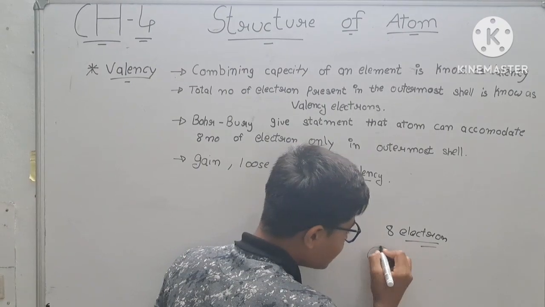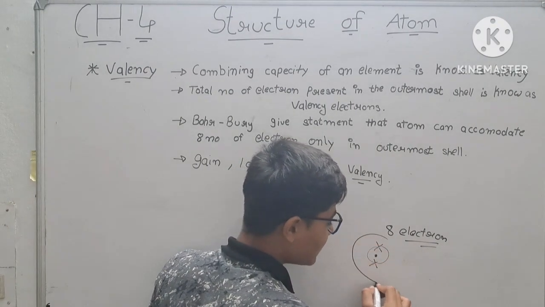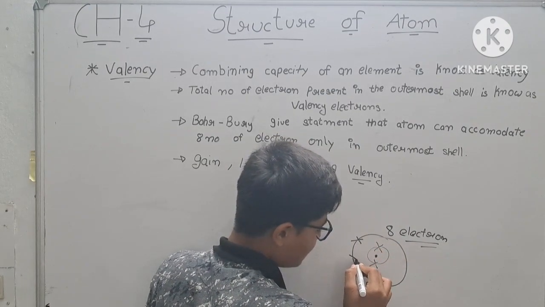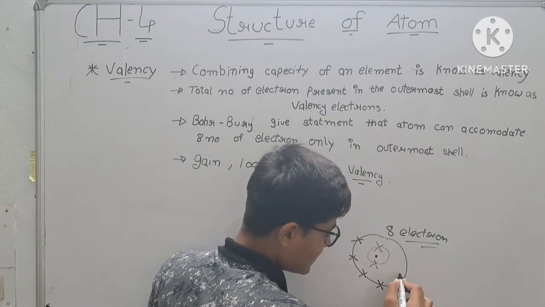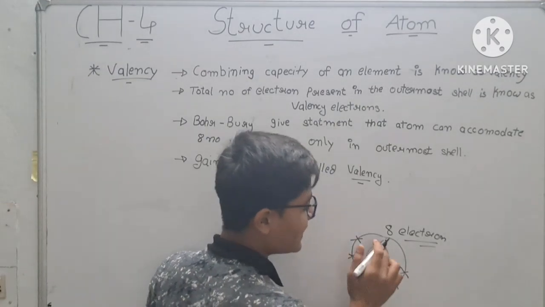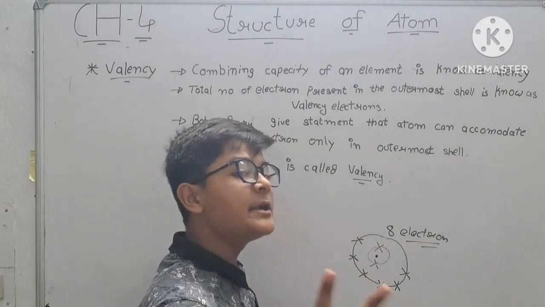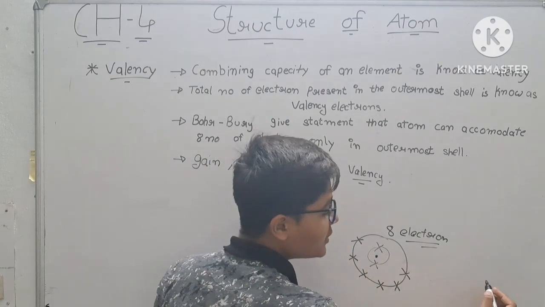The first shell can accommodate only 2 electrons, then 8 electrons are there. Second shell, 3, 4, 5, 6, 7, 8. Okay, there are 6 electrons in the outermost shell. It needs 2 electrons to become stable. So what will it do?